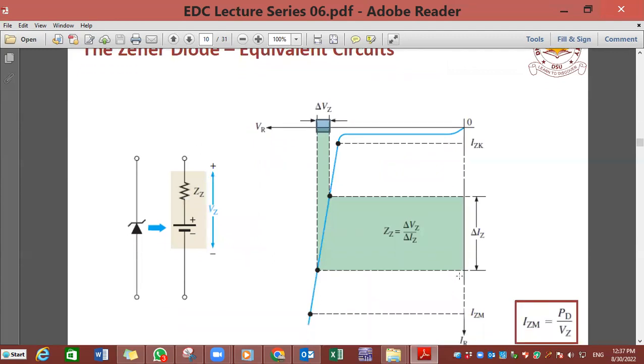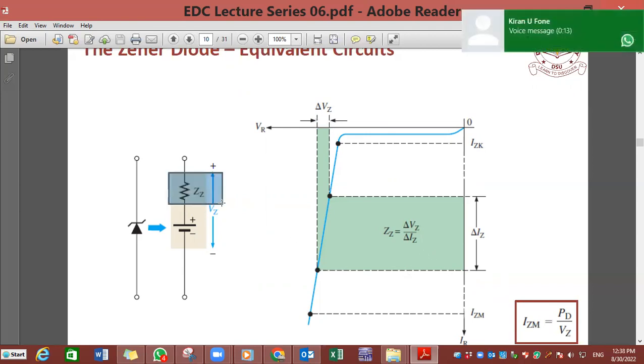If we want to find the value of ZZ for a Zener diode practically, we can do it very easily. We increase the current from some value of IZ by a value delta IZ, from this point to this point. Thus we get delta VZ, and from Ohm's law we easily find delta VZ upon delta IZ. That will give you the value of ZZ.